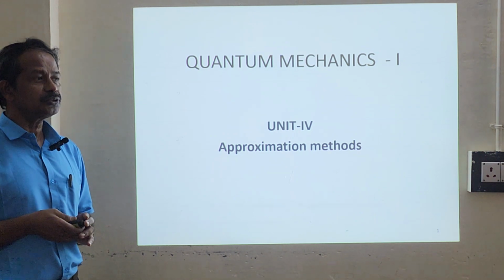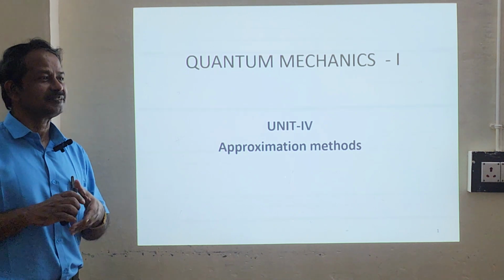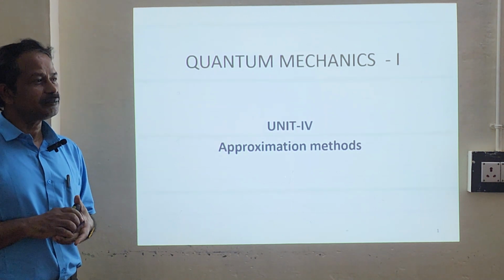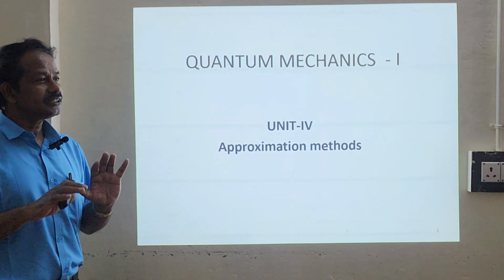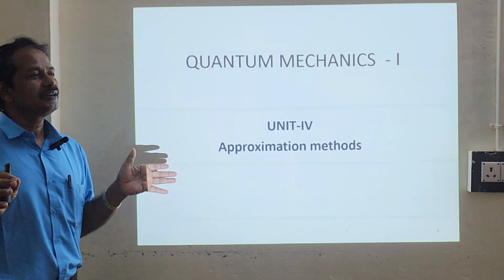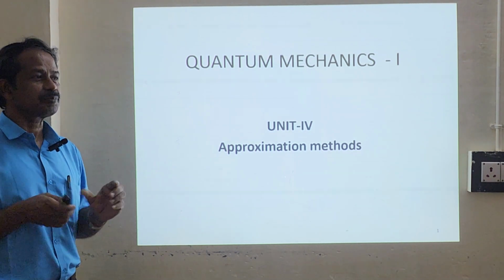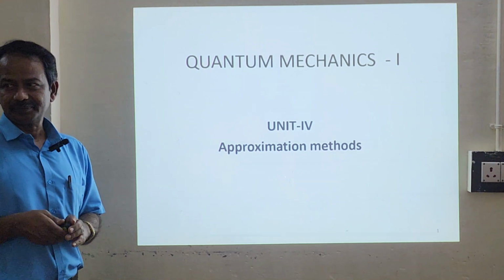And in quantum mechanics 2, we will be discussing time dependent perturbation, which is more real. Time dependent perturbation is more real. Similarly, for real systems, we will have only approximation methods from which we can get approximate solutions.